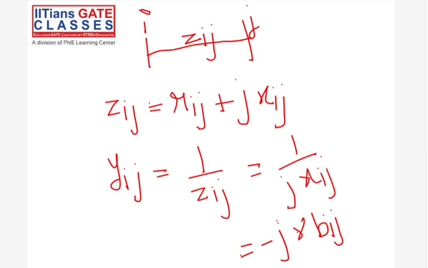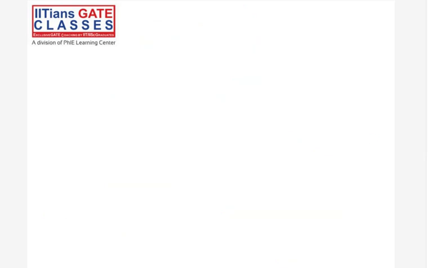And if it is an inductive component, it would be minus j, and if it is a capacitive component, it would be plus j. Is that clear or is that confusing? So the admittance y for an inductive element would be negative, and for a capacitive element would be positive. All right, okay.